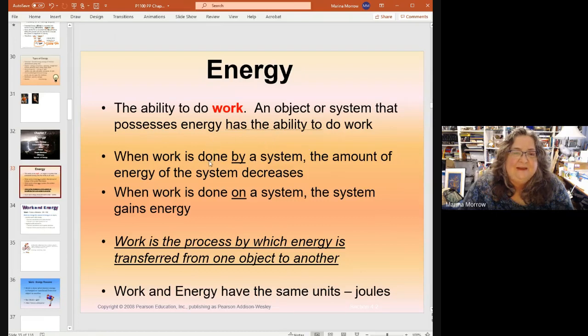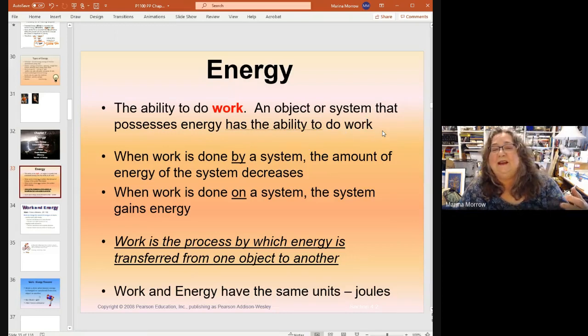And work can be done by a system, and the amount of energy in the system decreases. So if you've got a battery that has stored electrical energy, and then you use it in a flashlight, well, then it has done work and used up some energy, and so the amount of energy in the battery decreased.